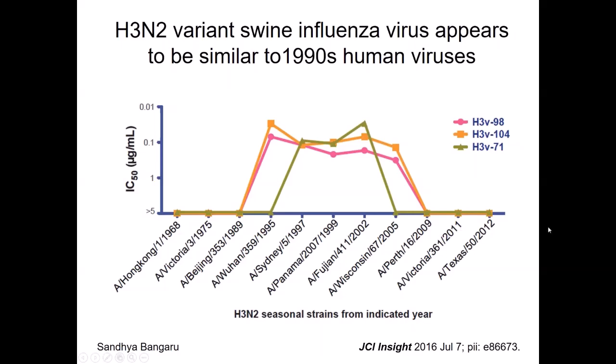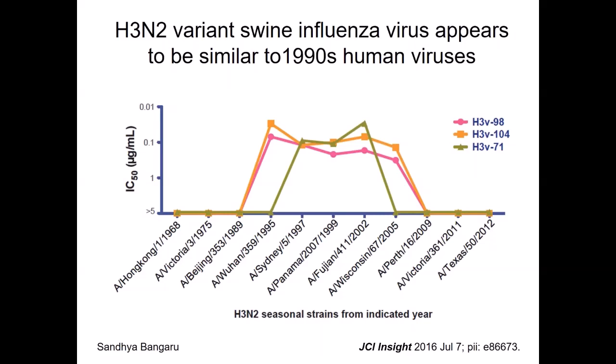Now the humans no longer have herd immunity to the older H3s, unless you're an older person, you do, but if you're a kid, the herd immunity in kids is to the more recent ones, not the older ones. So that's why the kids have fatalities, whereas the older folks do not get severe disease with H3 variant.